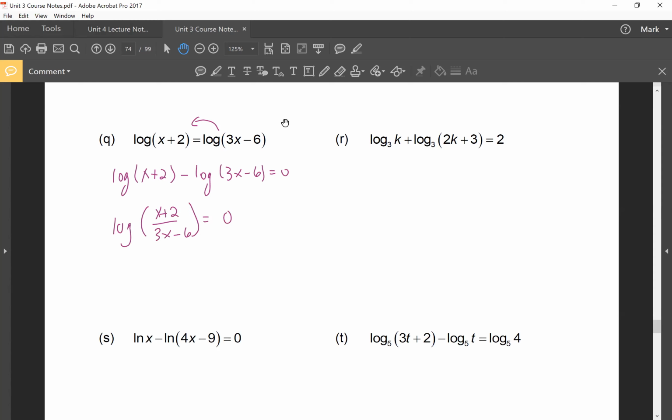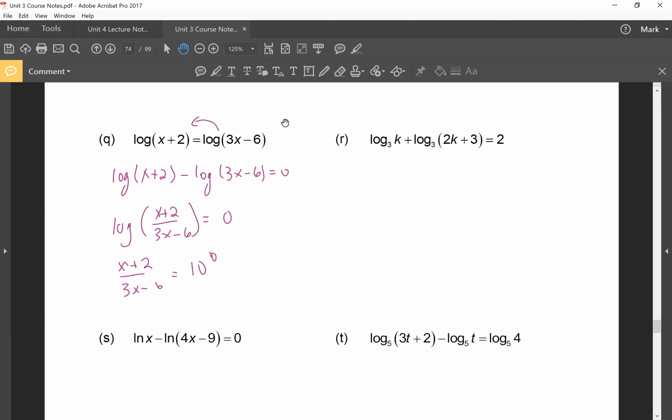Now I'm going to put this in exponential form. (x + 2) over (3x - 6) is equal to 10 to the power of 0, which is 1.